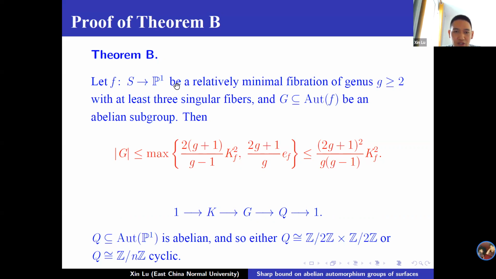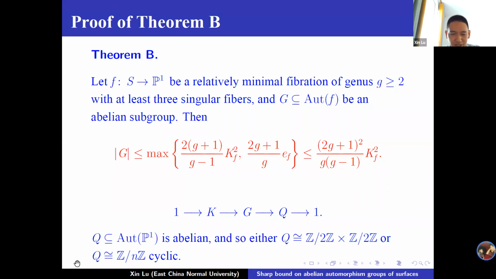Because the base curve is P1, this Q is either isomorphic to Z2 times Z2, or Q should be cyclic. This is because on P1 there are only 2 types of abelian subgroup. If Q is the first case, then the size of Q is equal to 4, is bounded, and we can get easily this upper bound.